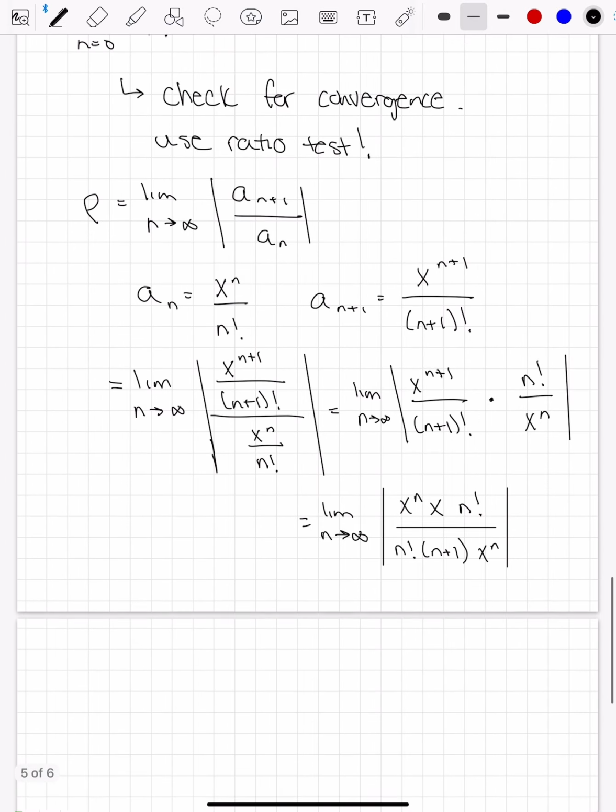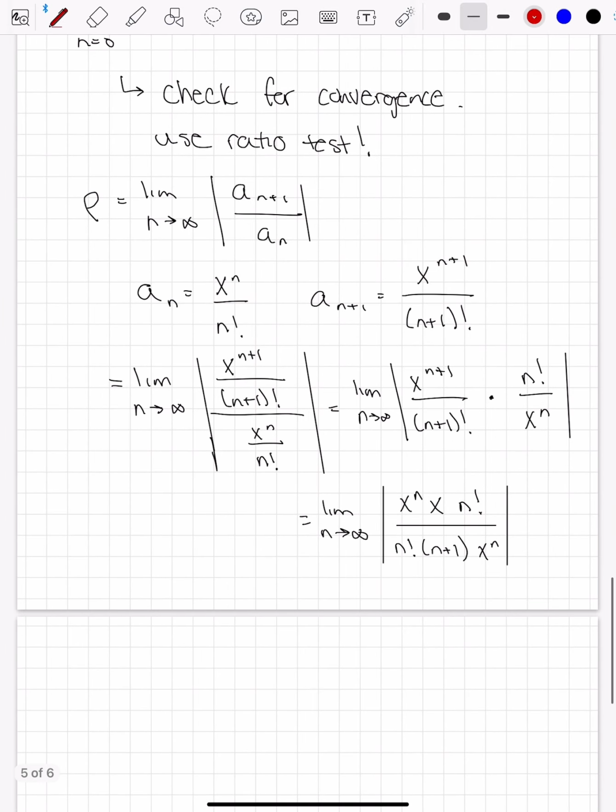Because all of this is being multiplied, if we multiply by x to the n and divide by x to the n, those cancel. Multiply by n factorial, divide by n factorial, those are gone. So what's left in my limit is x over n plus 1.